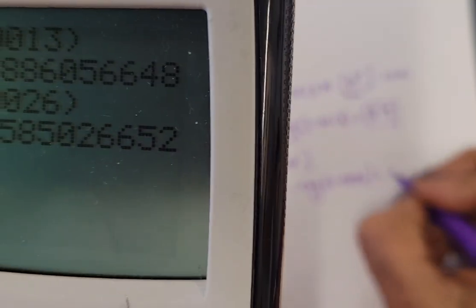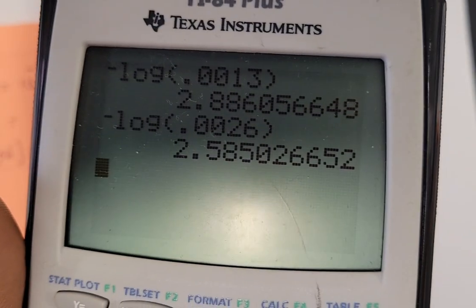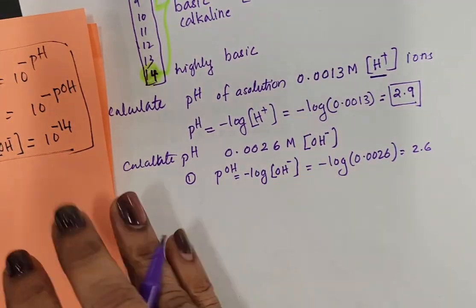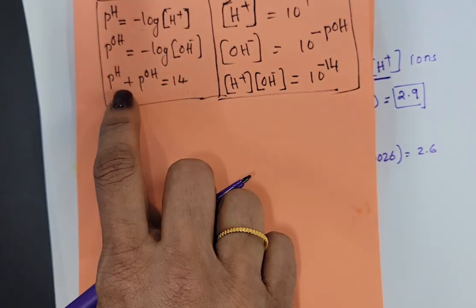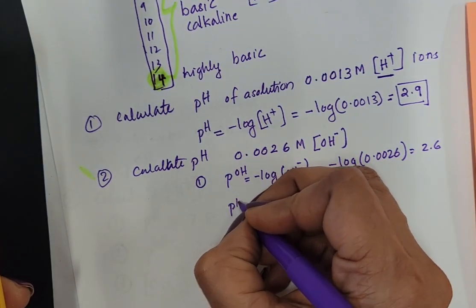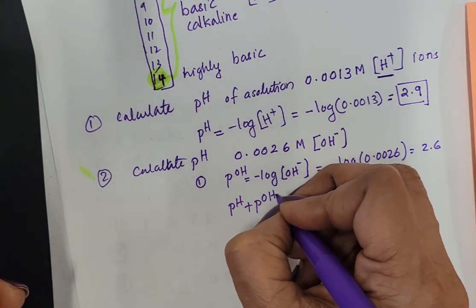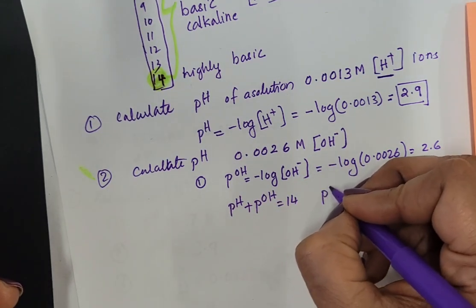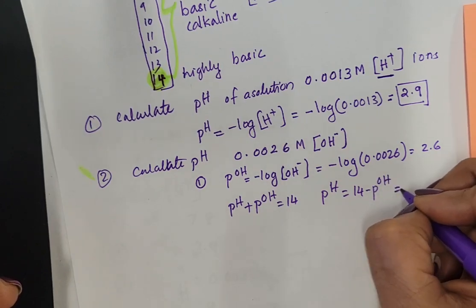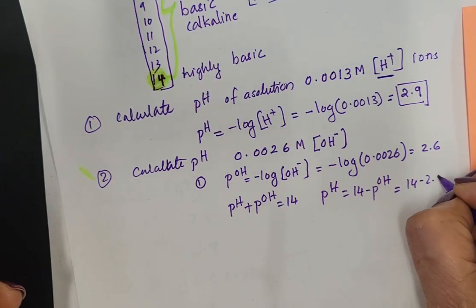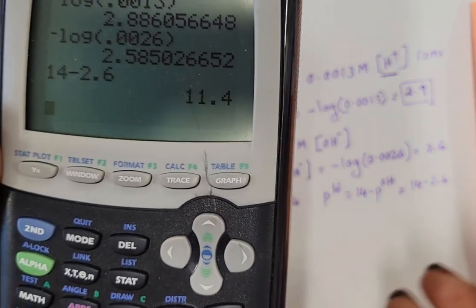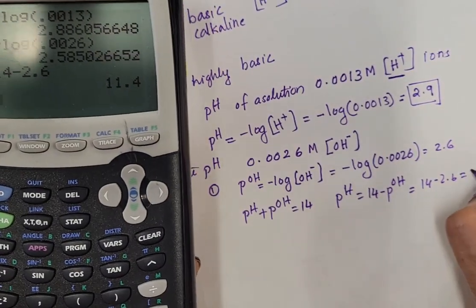I will round that to 2.6. Now, since it is pOH and I want to find pH, we use this equation: pH plus pOH add up to 14. So pH is 14 minus pOH, which is 14 minus 2.6. Just subtraction, you don't need a calculator for that. So it will be 11.4.